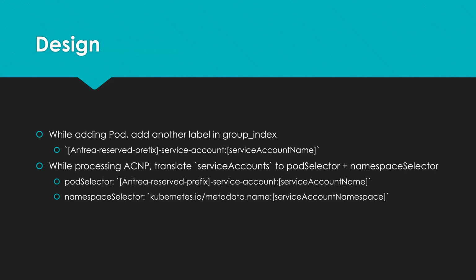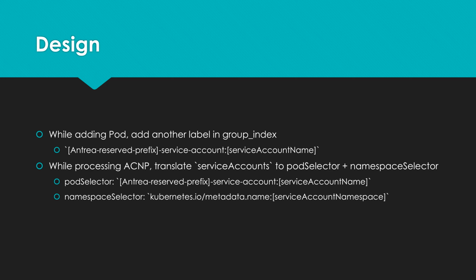I have discussed this with Chuan before. We tried to add a kind of illegal label format for the Kubernetes server while we add the label. So basically, users cannot use this format label, and we can use it inside our group index.